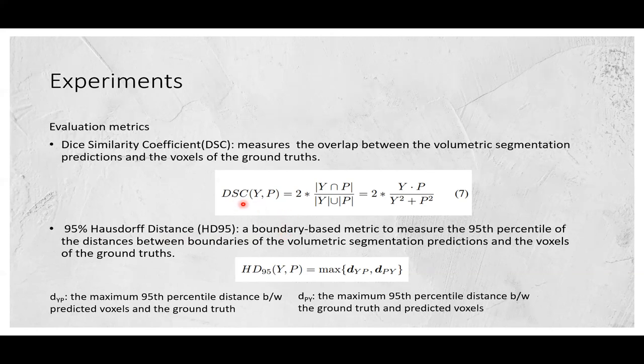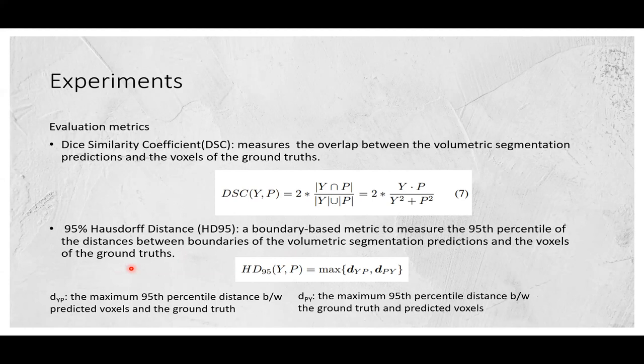The DICE similarity coefficient measures the overlap between the volumetric segmentation predictions and the voxels of ground truths, and you can see the equation in equation 7. And Hausdorff distance is a boundary-based metric to measure the 95th percentile of the distance between the boundary of the volumetric segmentation predictions and the voxels of ground truths.